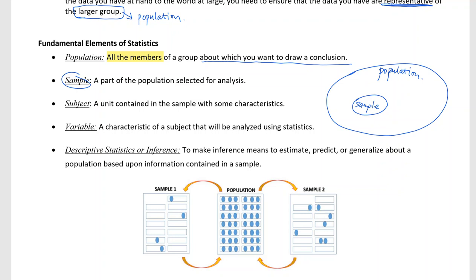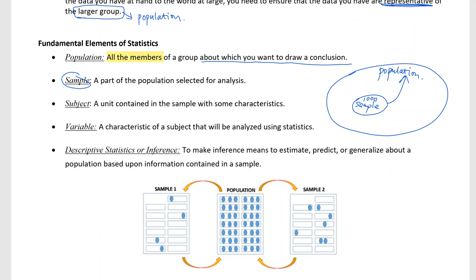It needs to be from every state, right? I need to collect from every place, right? Okay, so a sample is one part of the population selected for analysis. So once I select a sample, for example, I select 1,000 citizens, and then I average their income to make the conclusion about the whole United States citizens population.